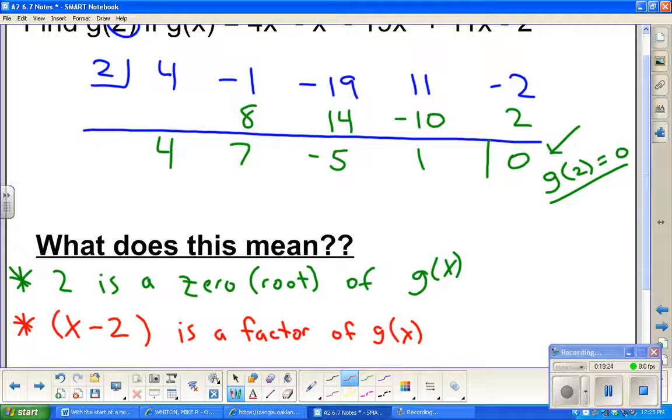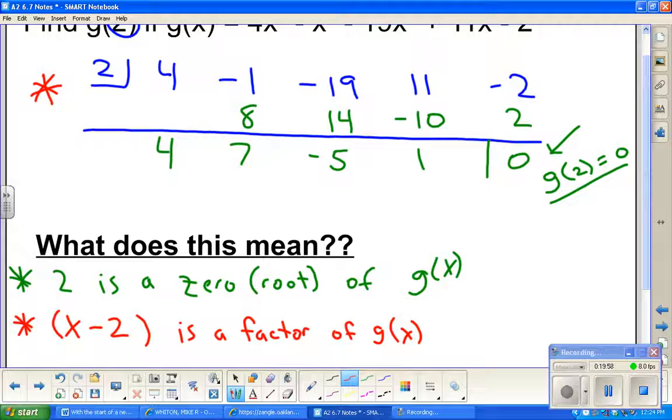Because remember, when you solve it, this would give us positive 2 as a root. The factor is x minus 2. Again, that's where we're going tomorrow, so don't sweat that yet. What you need to know today is just how to do the process up here. I'm just leading into where we're going. It's going to help us solve these things. If we can do this process and get one of the zeros, we can use that to find some of the other ones.